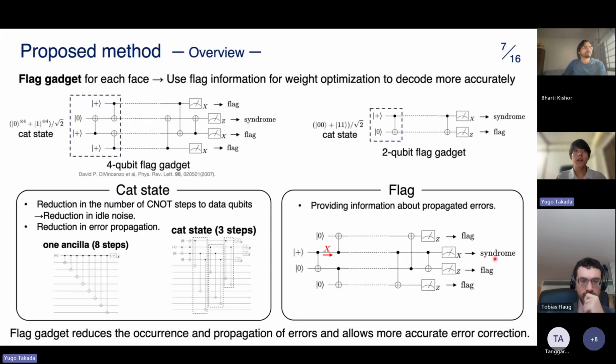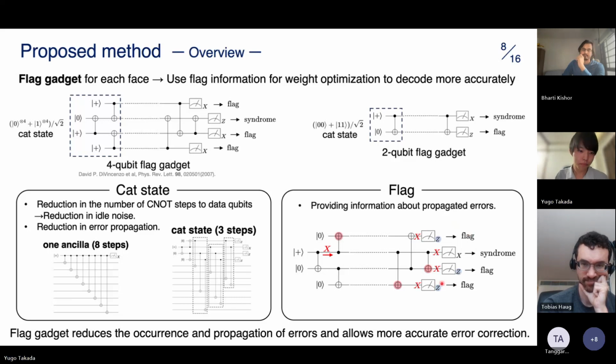Regarding the flag, for example, if an X error occurs here in a 4-qubit flag gadget and propagates in this way, it is detected by the fact that 3 flags are triggered. Such information about propagated errors allows us to correct errors more accurately.